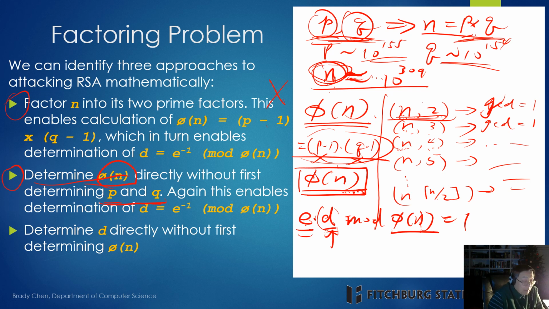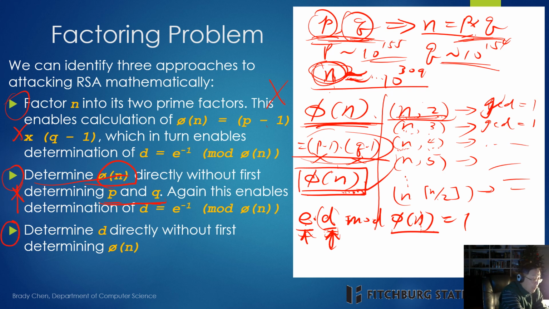That means if one key is public, they can easily determine the other key, the private key, if they know phi of n. But based on the definition of phi of n, it's so difficult to do so. Again, this is computationally infeasible.